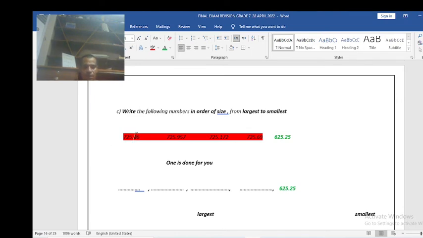This is 3, this is 9, this is 7, and this is 6. So it's clear that the biggest number is the one with 9. I will write here 725.959.